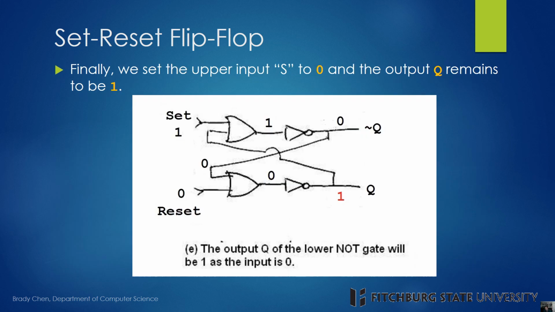So we know once we set the upper input S to 1, this eventually changes the output Q to be 1. Okay, now after this, we need to set the set input value from 1 back to 0.